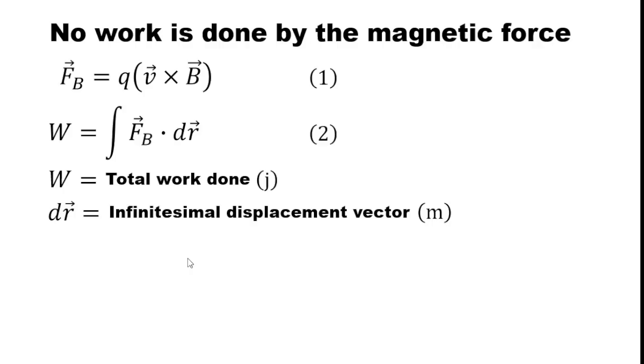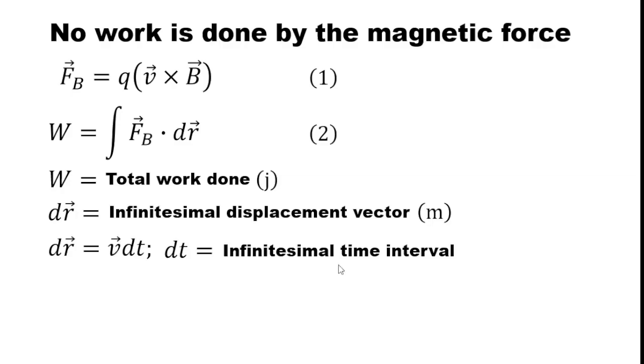Now we write this displacement vector in terms of velocity vector and small interval of time dt, where this dt is infinitesimal time interval and we measure it in seconds. Putting this value of dr in terms of velocity and time interval, we get equation 3.